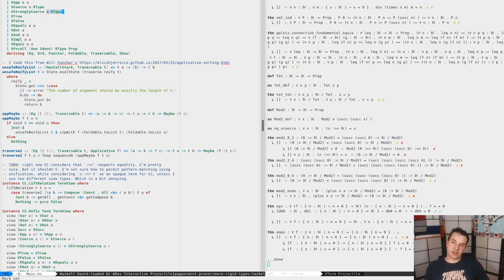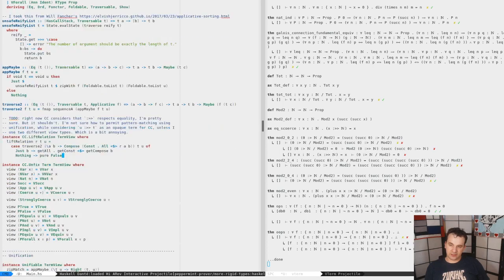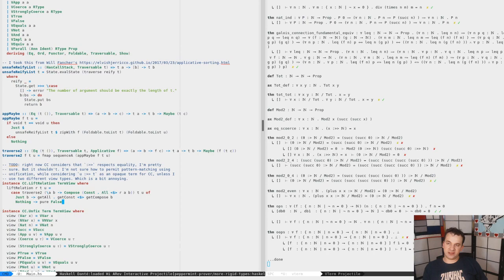But if we do this, then this looks like a normal constructor for CC, and I seem to have not given myself enough flexibility in CC for a subterm to not be considered compatible with equality.